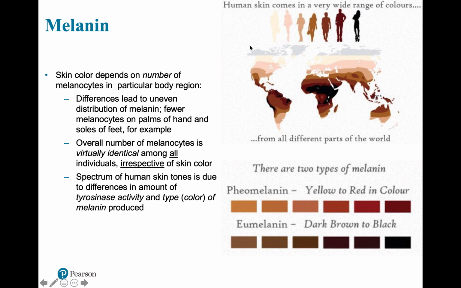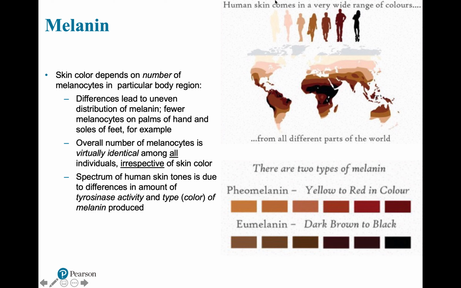Whereas individuals in areas that don't have very high UV radiation exposure don't need as much melanin, and they don't want a lot of melanin because they need the little UV exposure that they get to help synthesize enough vitamin D.